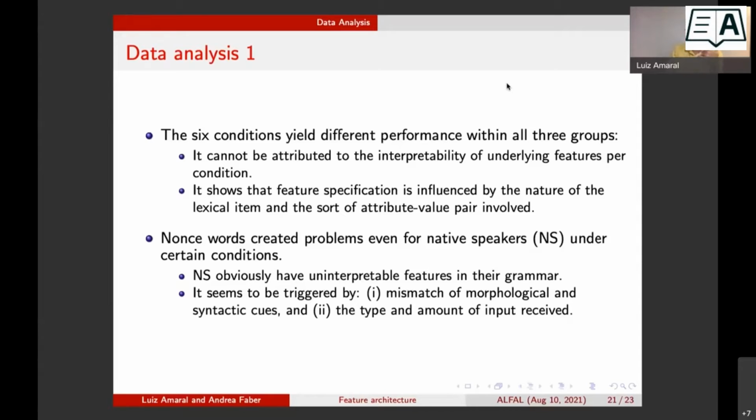Now, one of the future experiments that we would like to run is to say, well, let's play with the amount of input. Let's see what is enough, even for a native speaker. Let's see what is enough for them to register, to go against this morphological productivity, right? So that seems to be the case. Again, it goes against this idea that we can make this broad statement about features, saying that what they don't do is feature interpretability, right?